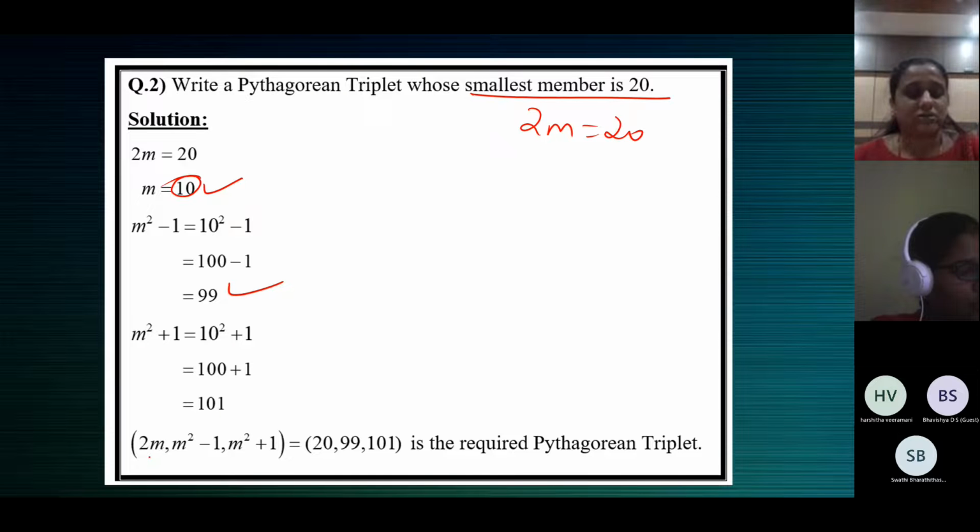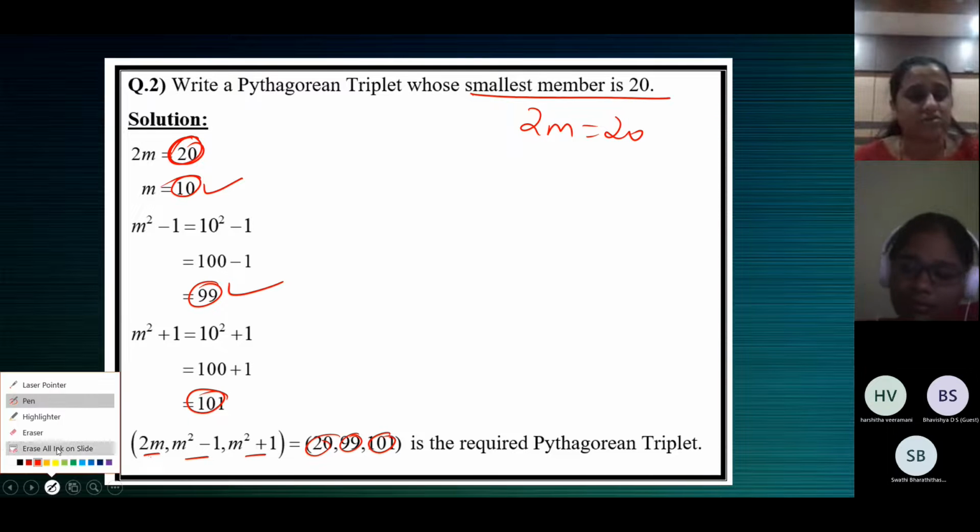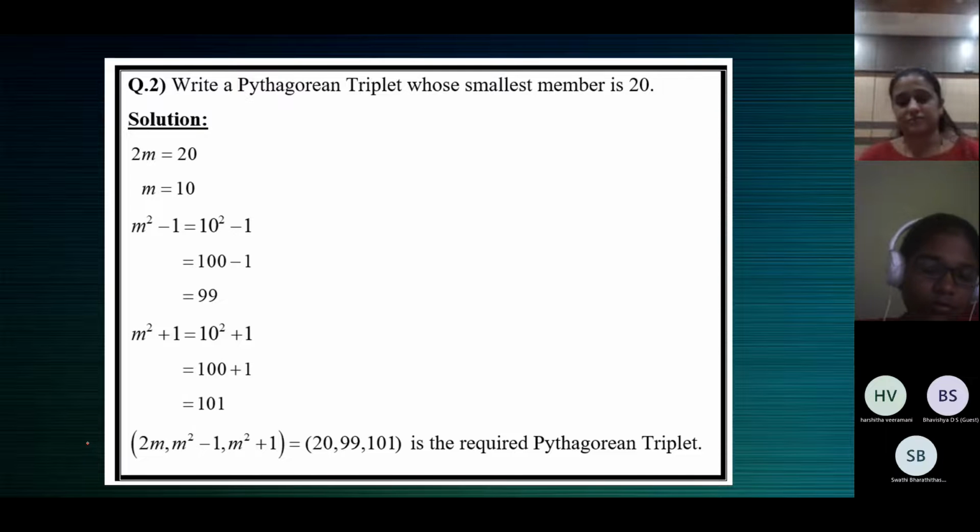The members of the Pythagorean triplet are 2m, m square minus 1 and m square plus 1. So 2m is 20. Don't write 10. 2m is 20. Then m square minus 1 is 99. m square plus 1 is 101. So 20, 99 and 101 are the members of the Pythagorean triplet in which the smallest member is 20. Correct? Yes, ma'am. Okay. Take a picture, children.